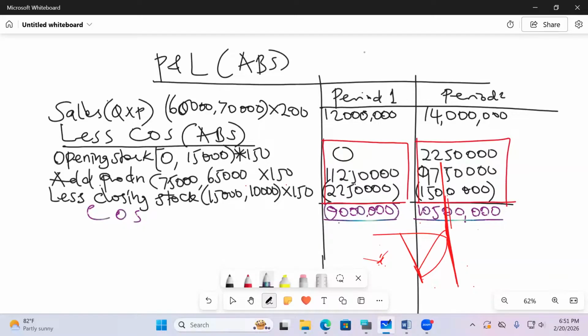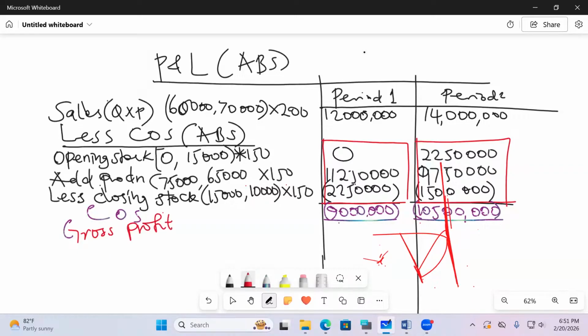So please go ahead and subtract the cost of sales from your sales figures to give me, in this case here, figures that I shall call gross profit, not contribution, isn't it? The contribution approach is only applicable under marginal costing. So we call this one gross profit.